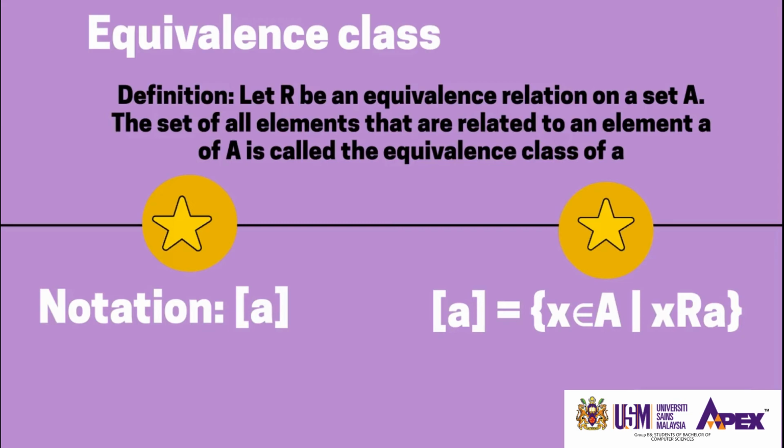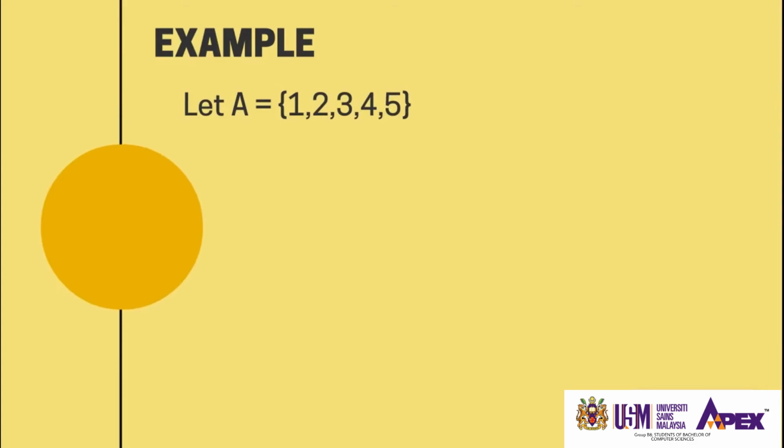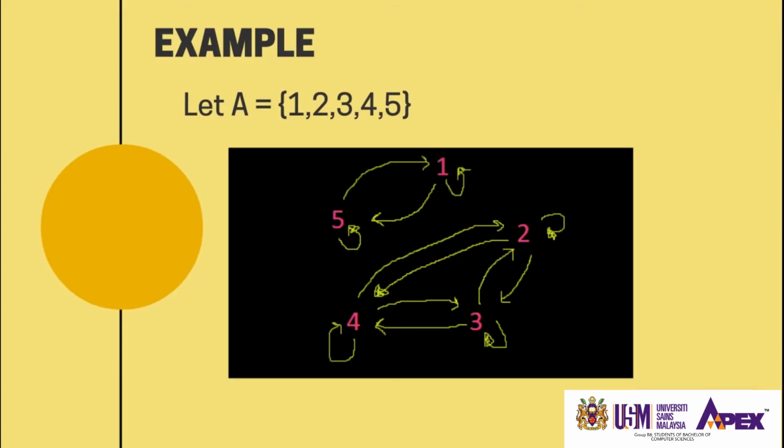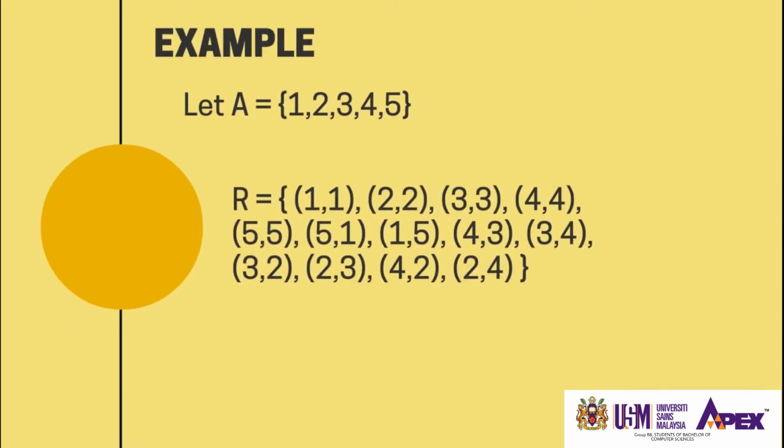So we know that R is an equivalence relation, and that means it is reflexive, symmetric, and transitive. So let's say that we have set A that contains the values 1, 2, 3, 4, and 5. And I want a reflexive relation, so I take 1, 1, 2, 2, 3, 3, 4, 4, and 5, 5. And for the symmetric relation, we take 5 to 1, and we must take 1 to 5 to become symmetric.